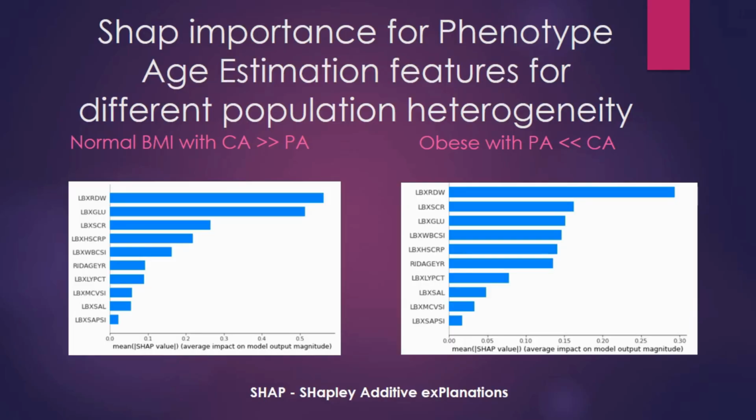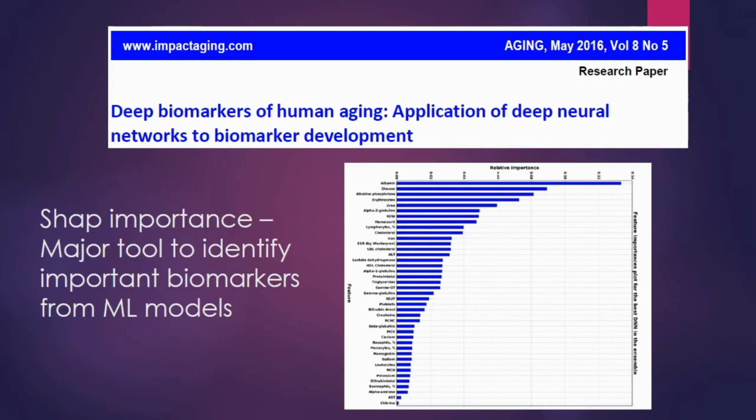Uses SHAP plots to demonstrate how specific biomarkers drive biological age estimates differently, depending on population traits such as body mass index.